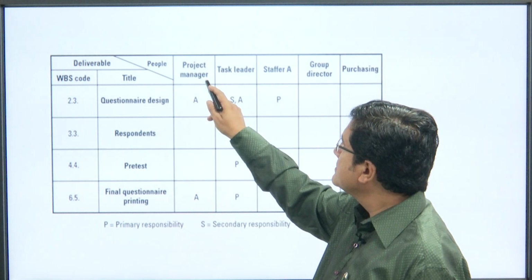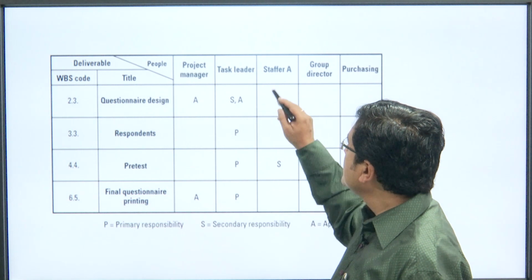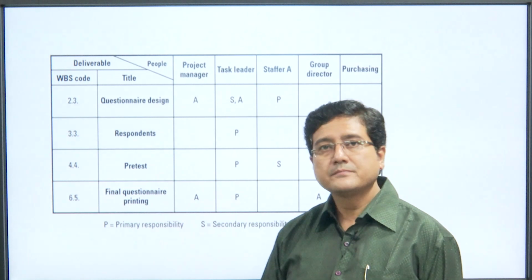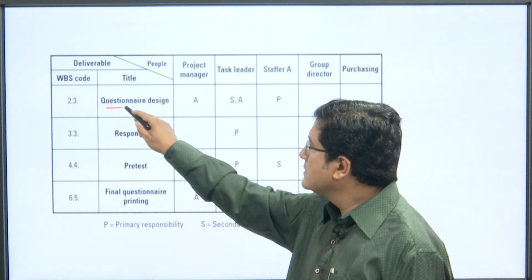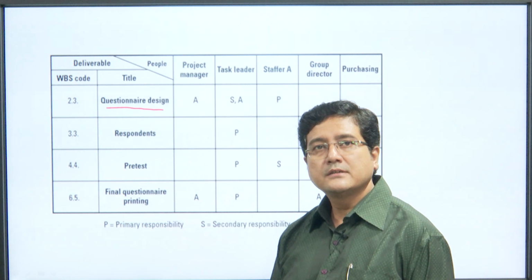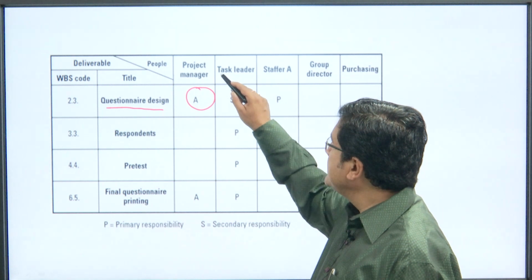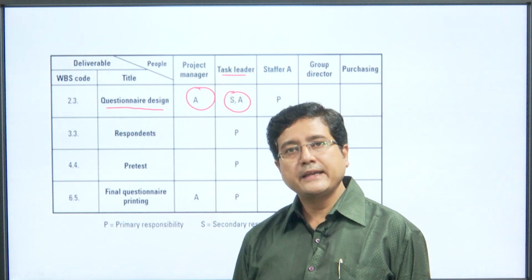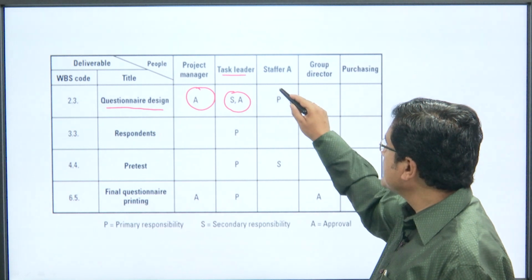Project manager Mr. A, task leader A and S, staff of A is P. So, this is the first task. The name of the person who is the project manager is given here. Task leader both A and S, and staff of A is Mr. P.